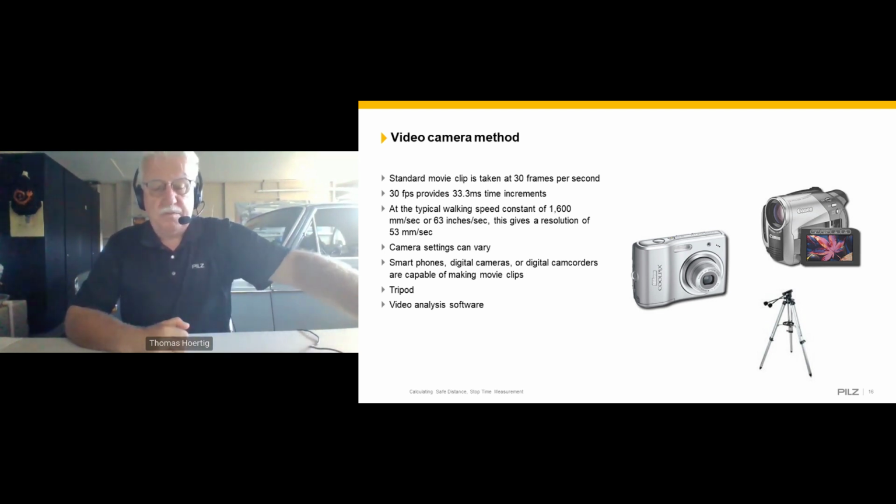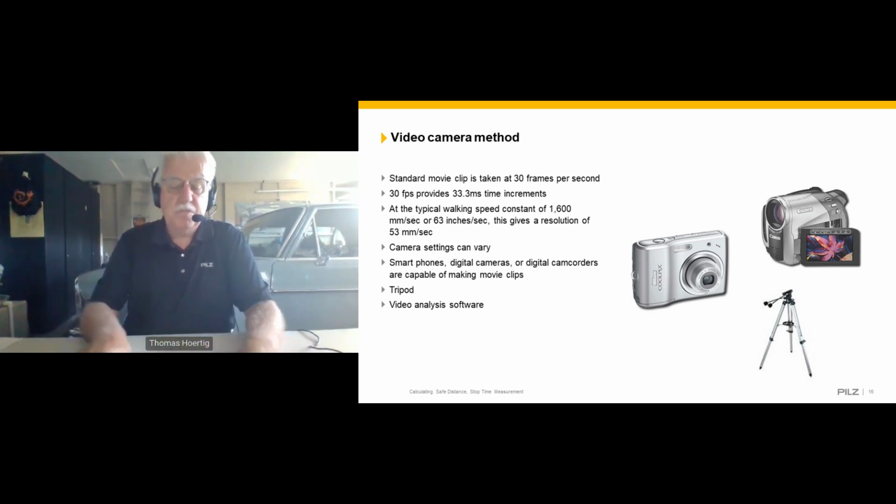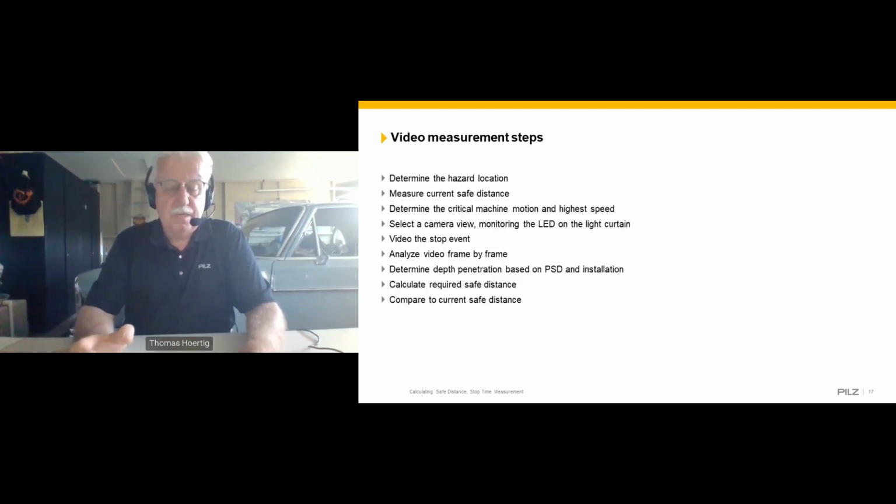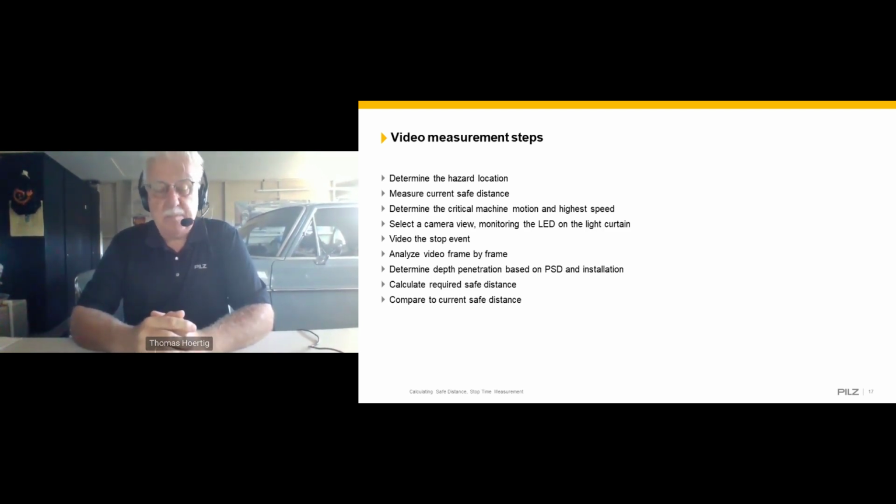So the video steps are as follows. You determine the hazard location, measure the current safe distance if applicable, determine the critical machine motion and highest speed, select the camera view, and monitor the LED on the light curtain.